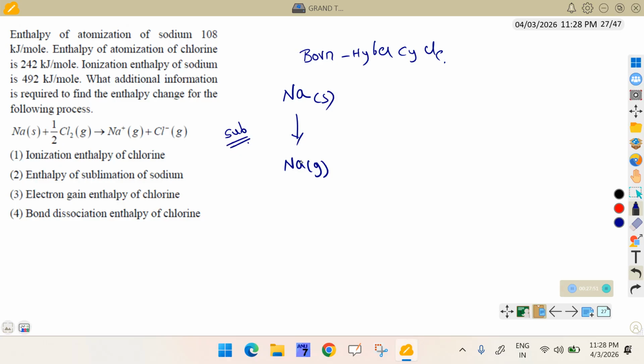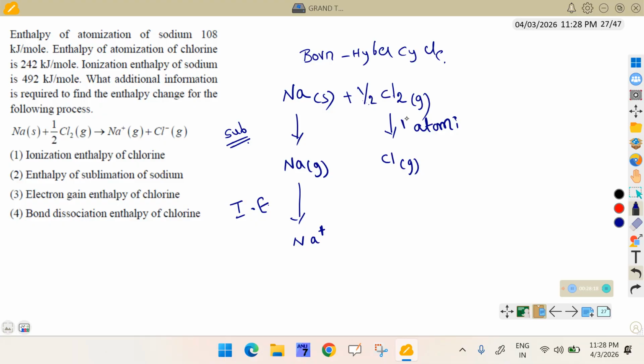Right? Sodium gas is converted to sodium plus ion. This is considered as ionization energy. Chlorine molecule is converted to chlorine atom. The process is considered as atomization. Here it is half mole of chlorine, so 1/2 into atomization. Chlorine gas is converted to Cl minus ion.